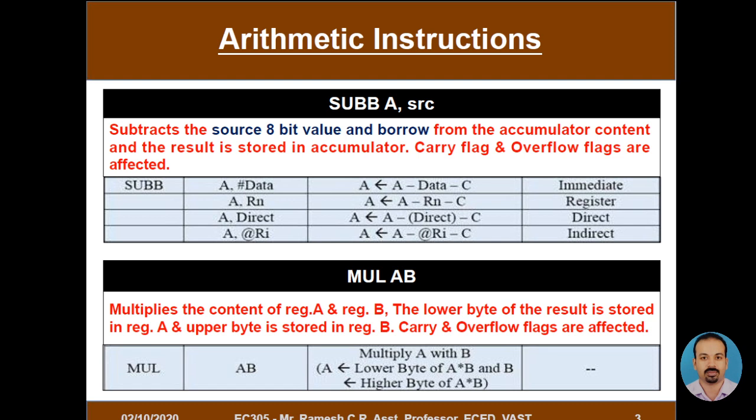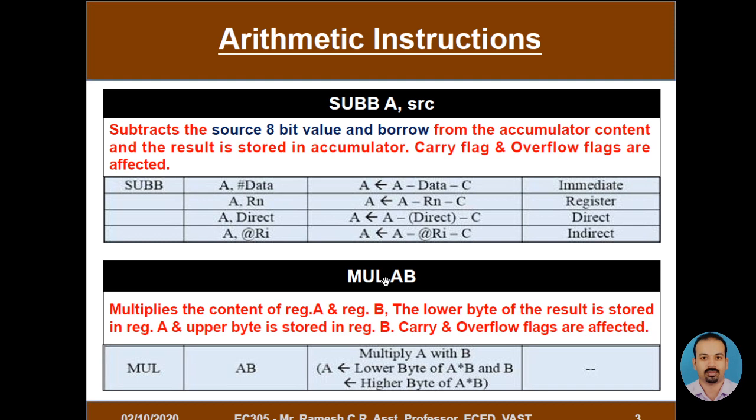Okay, so similar to ADD, we have the four different addressing modes supported by the SUBB instruction, the subtraction instruction. Then the fourth one in the arithmetic instruction set is MUL AB, which performs multiplication. Whenever we multiply two 8-bit values, we get a 16-bit value as the product.